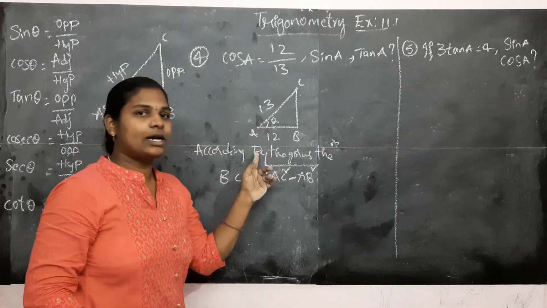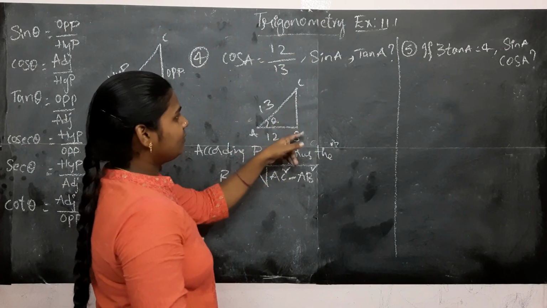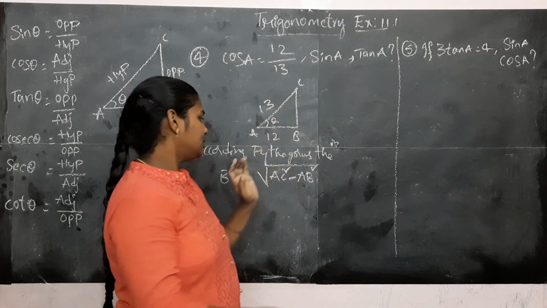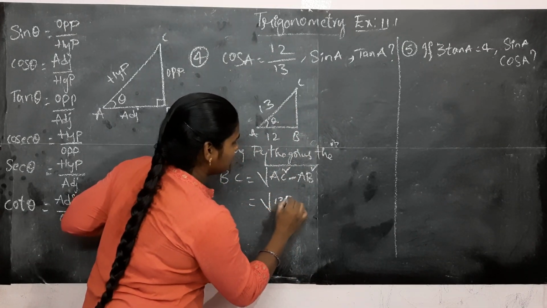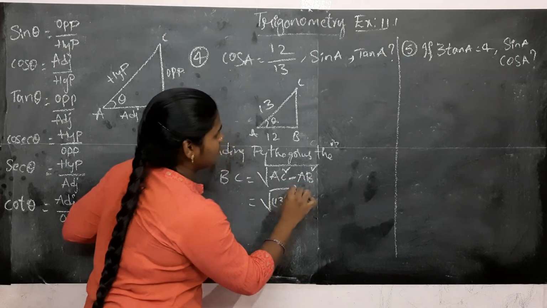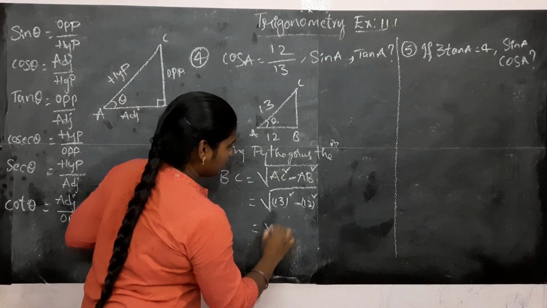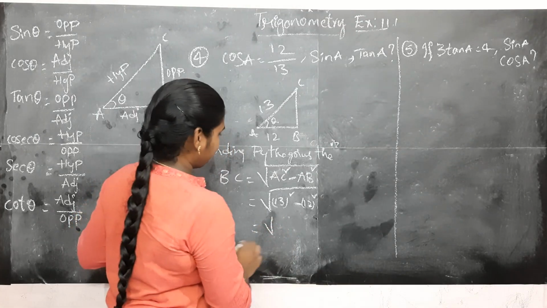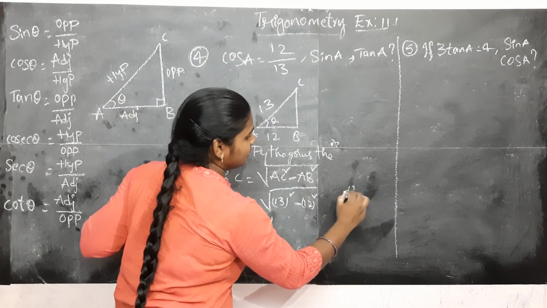From here, 13 square minus 12 square will give you BC. AC square is nothing but 13 square minus 12 square. 13 square is 169, 13 multiplied by 13, right?